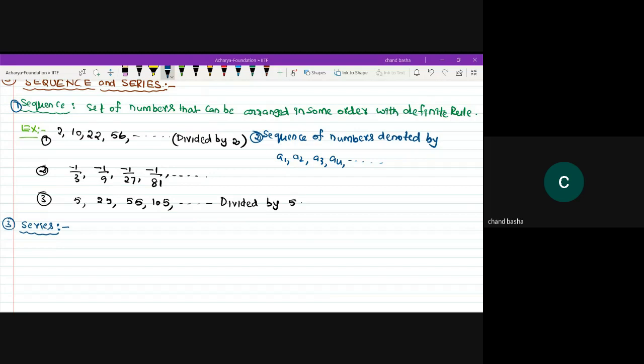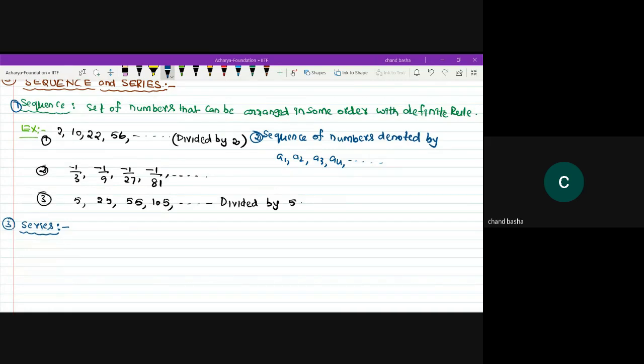Very good, Avani, and I think Sarandeep. Yes, sir. Yeah, so sum or difference of the sequences is nothing but the series. And same definite rule. Sequence means it is a definite rule and some pattern should be there, some logic should be there. That we have already discussed in sequence. Okay.